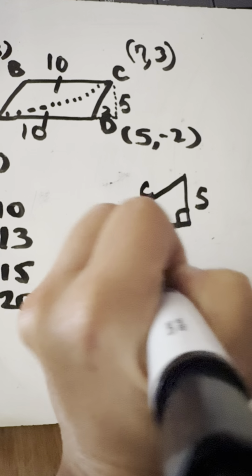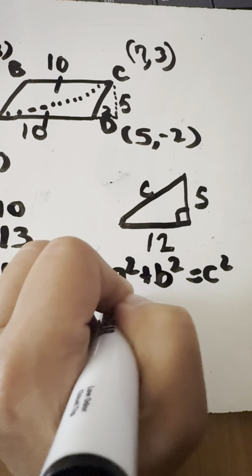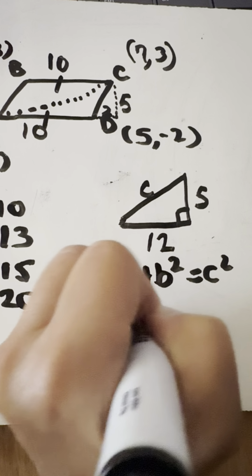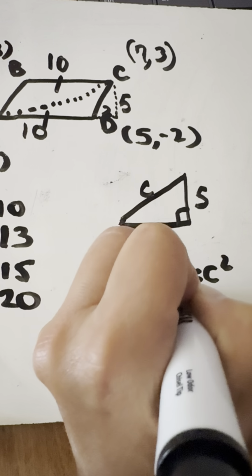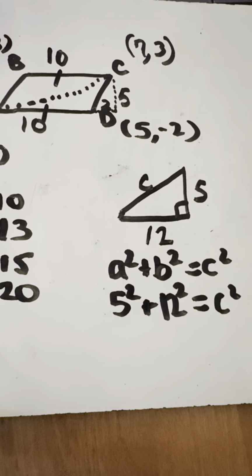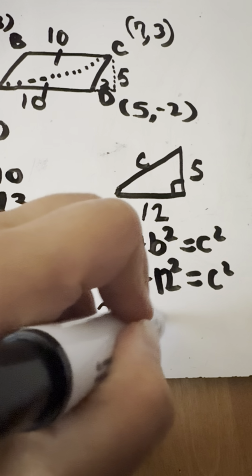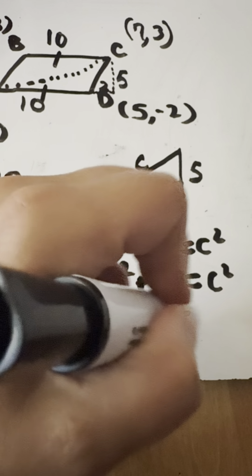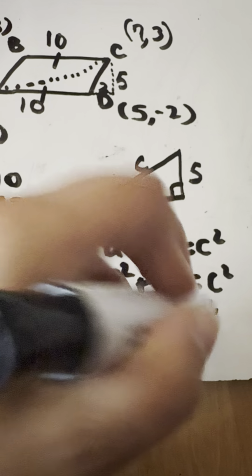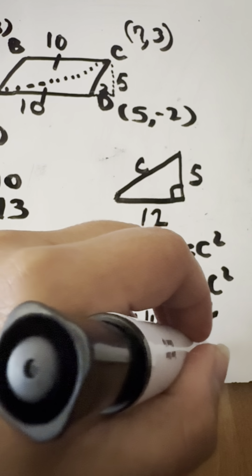We plug in 5 as the shortest leg, 5 squared, plus the next longest leg, 12 squared, equals c squared. 5 squared is 25. 12 squared is 144. When we add those together, we get 169, which is c squared.